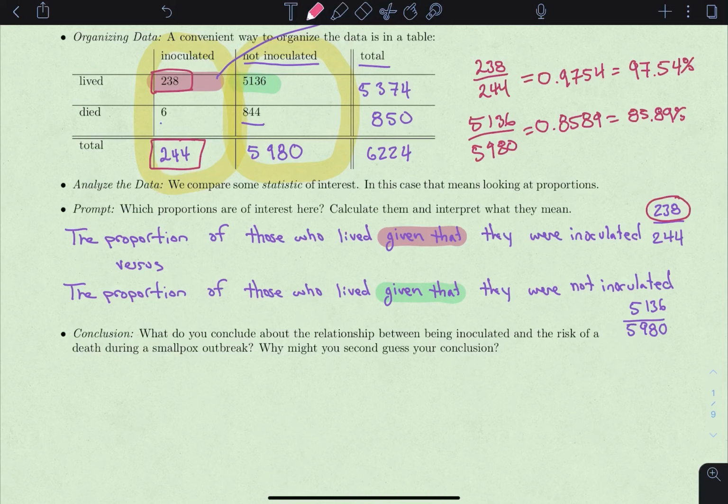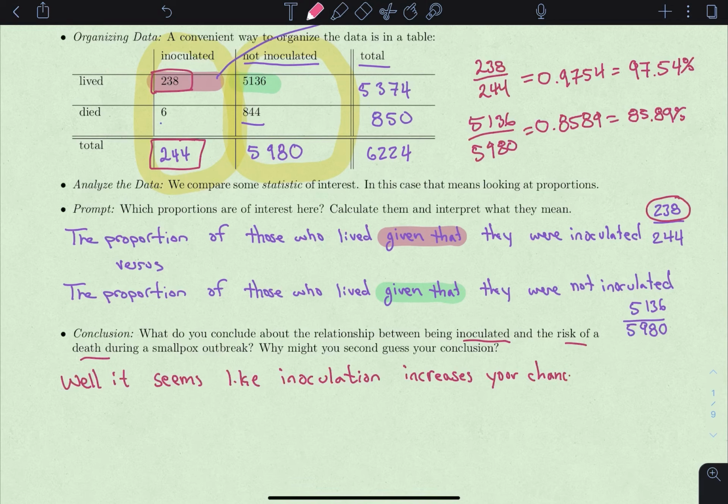So what do we conclude about the relationship between being inoculated and the risk of death during a smallpox outbreak? Well, it seems like inoculation increases your chances of living. But it goes on to ask, why might you second guess your conclusion?